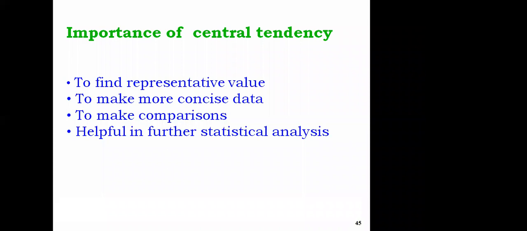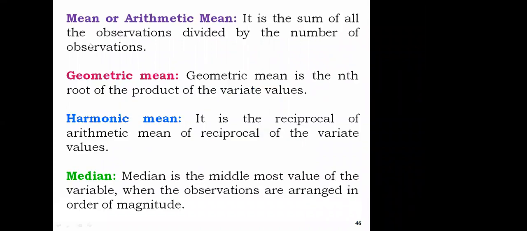So these are the importance of central tendency. Next, I'm explaining simply for those who don't know about this. So what is the mean? It is also simply called the mean or arithmetic mean. It is the sum of all the observations divided by the number of observations.